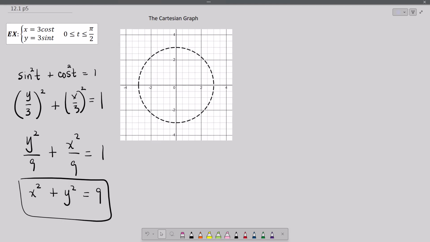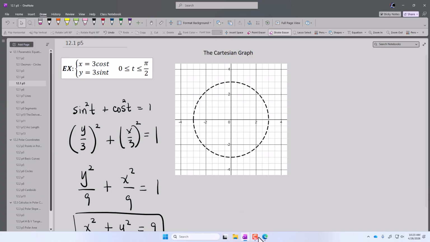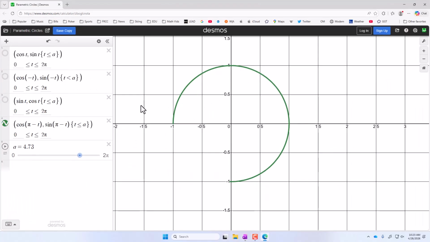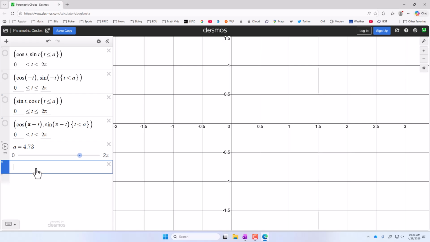Let's actually take a look at Desmos for 1 second. Desmos can be our friend with these parametric curves. So if we come down here, this is how you do parametric equations in Desmos. You just put it in parentheses.